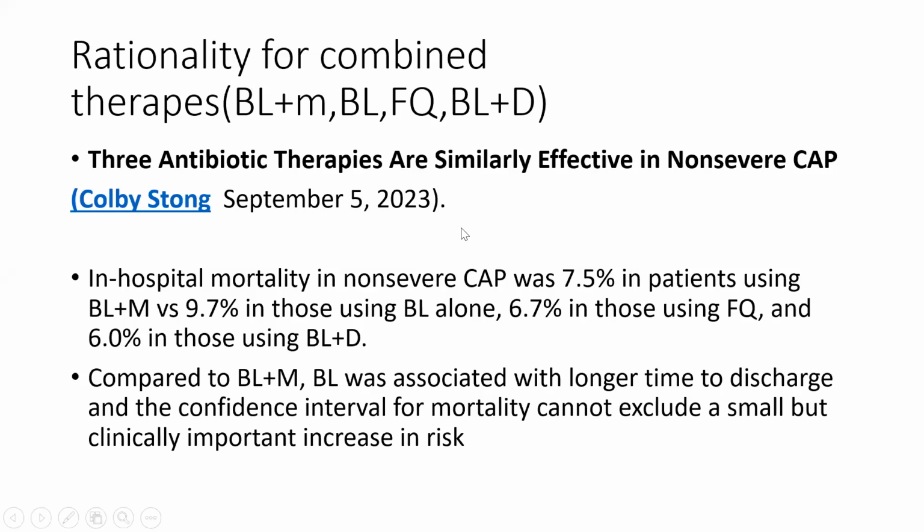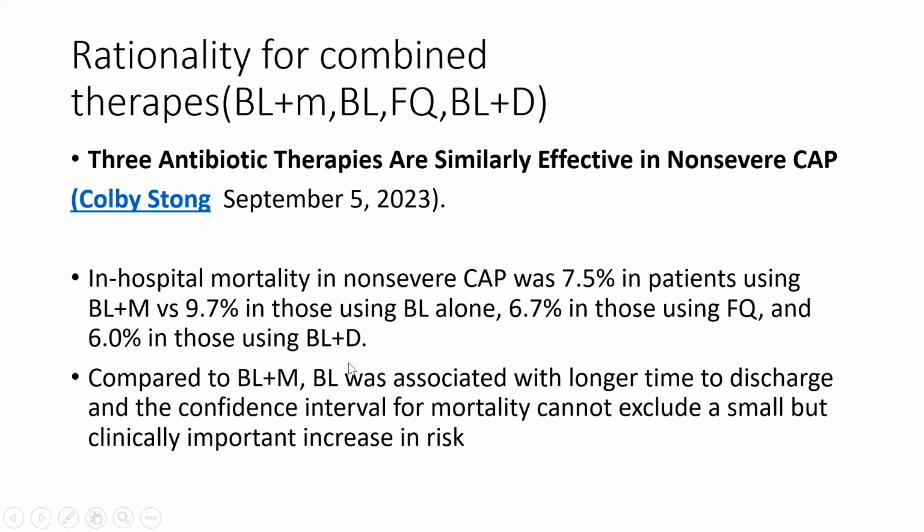When you dig deeper, the minute differences were in hospital mortality: it's 7.5% using the beta-lactam plus macrolide, 9.7% mortality, a slight difference, using a beta-lactam alone, 6.7% using a fluoroquinolone, and 6% for the combination.